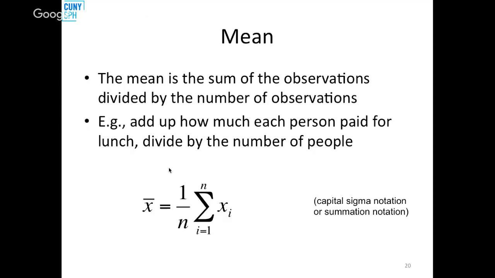So the mean, the one I mentioned as having its roots some 4,000 years ago. The delay is getting a little longer here. There we go. It's just the sum of the observations divided by the number of observations, or using this so-called capital sigma notation that annotates sums, it's the sum from the first observation to the nth observation of all of the observed values, x sub i.